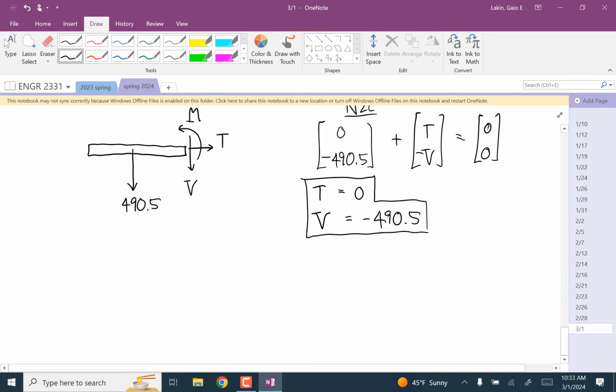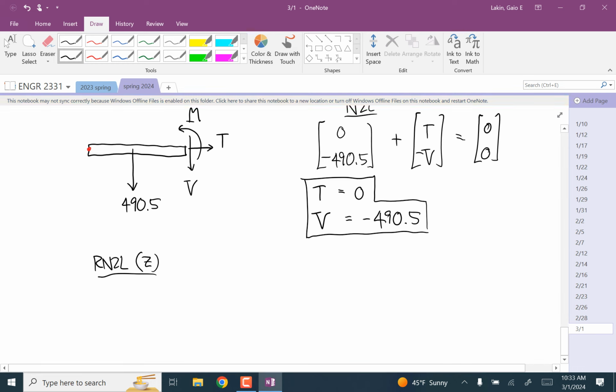And then the moment equation. Here's my about point. The length of this whole piece is 1 meter, so the distance from the left end to the 490.5 is half a meter.